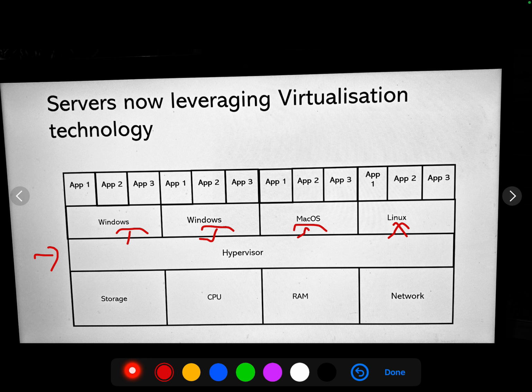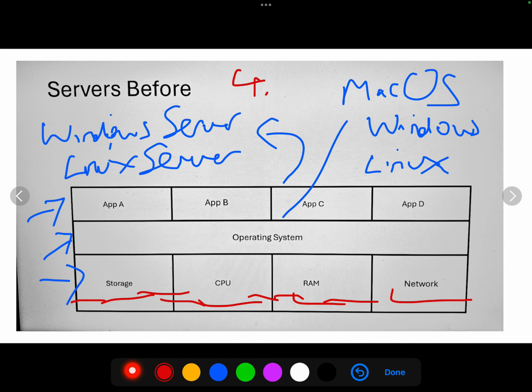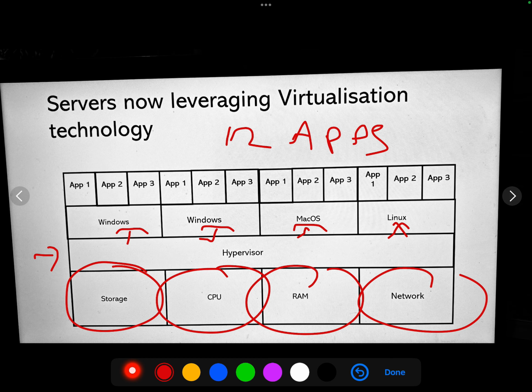We have 2 instances of Windows, 1 instance of Mac OS, and 1 instance of Linux. So we have 4 virtual computers running on a physical computer, and that enables us to get the most out of the storage, CPU, RAM, and network. And now we're running 12 apps on that same machine rather than 4 apps here. So we're getting 3 times more productivity out of this same physical machine.